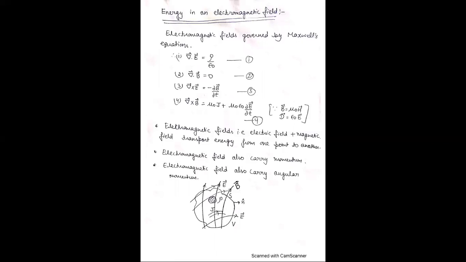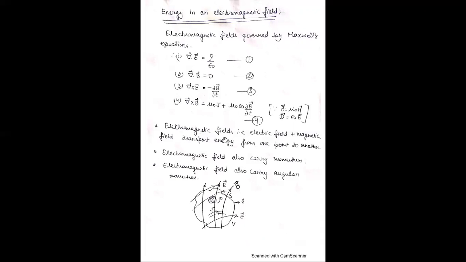Now, it is a very important topic. Energy in an electromagnetic field means it is the combination of electric plus magnetic field. Means find out how much energy is stored or transported in the electromagnetic field. Therefore, energy is a combination of energy in electric field plus energy in magnetic field. First of all, we know that electromagnetic fields are generated by Maxwell's equations, and these are the four Maxwell equations.